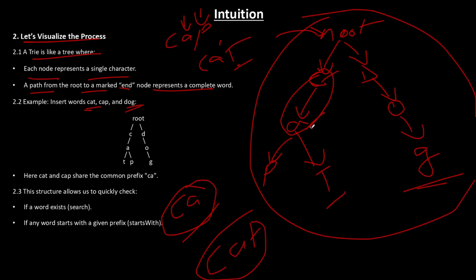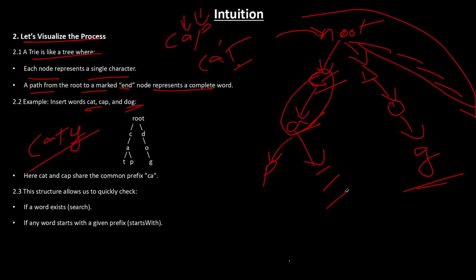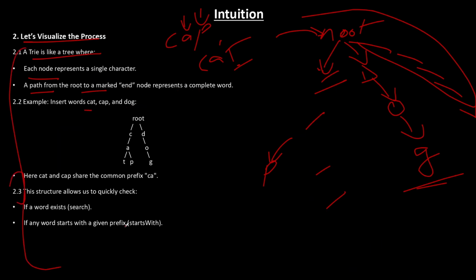But if a person comes and says that I want to insert a word, CATY, we don't have to create a whole new space. Rather, since we have C, A, T, we will just extend it with Y. So this is how a trie grows, and this is how searching is done in a trie at a high level. I hope you understood this visualization process.